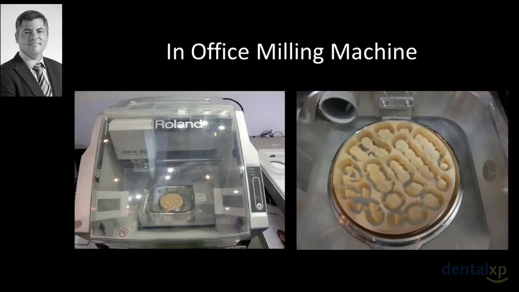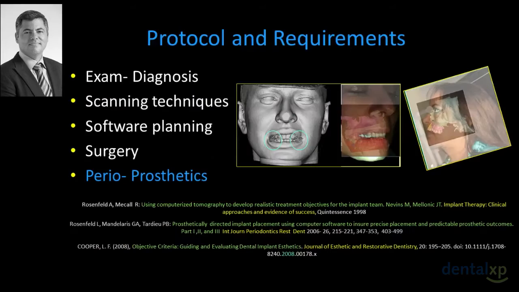There are milling and printing machines specially designed for dental practices and dental labs. But everything begins with the initial comprehensive exam, a good diagnosis and treatment plan, and generating good diagnostic images. The interactive software becomes then the connection to put all this together so the case can be analyzed and planned. The surgical guide is performed, the implant placed and then restored, all this with precision and safety.